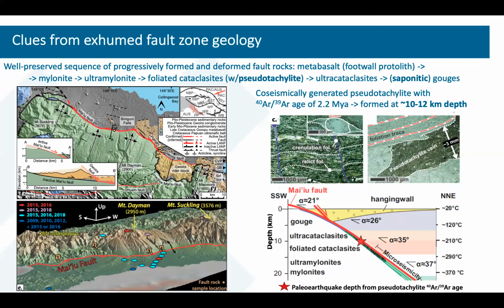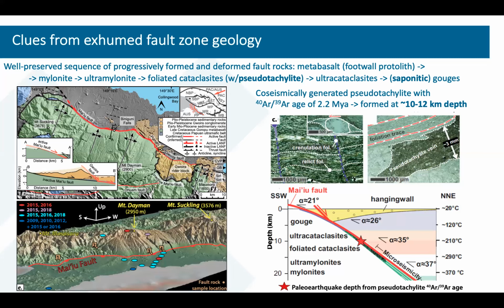They eventually start being formed into foliated cataclasites, which I'll point out host pseudotachylites as well. Finally, as they enter the brittle frictional regime, they further reduce their grain size to ultracataclasite, and finally, they end up forming these saponite-rich gouges, so these clay-rich gouges in the shallowest portion of the fault.